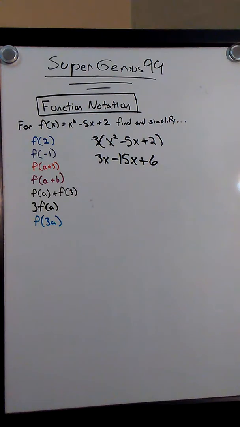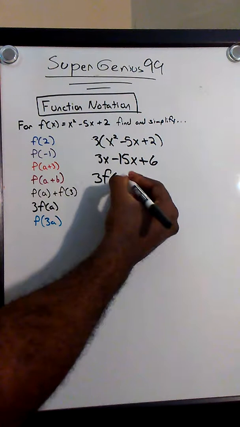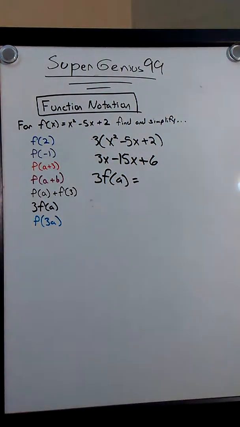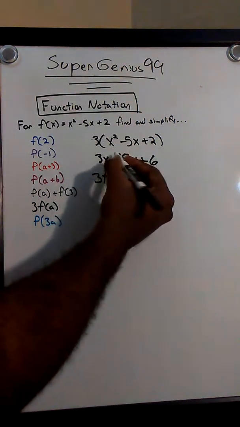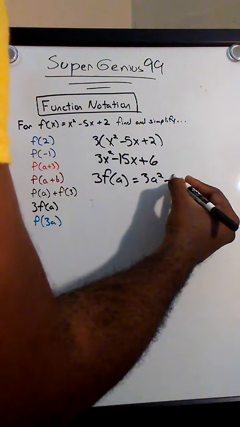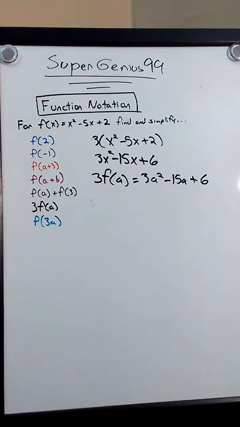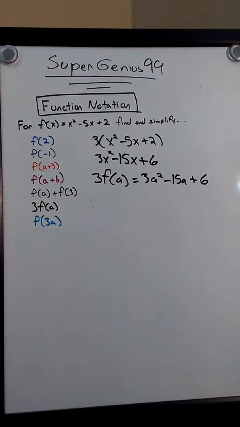So 3 f of a equals, sorry, I should have changed those to a. And that should be x squared. Let me fix that. 3a squared minus 15a plus 6.